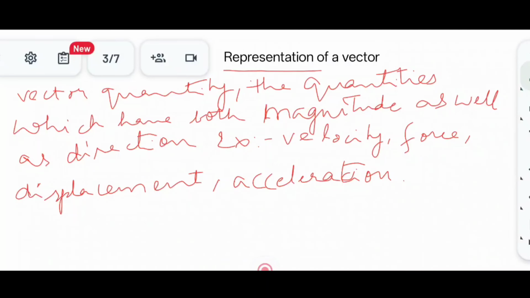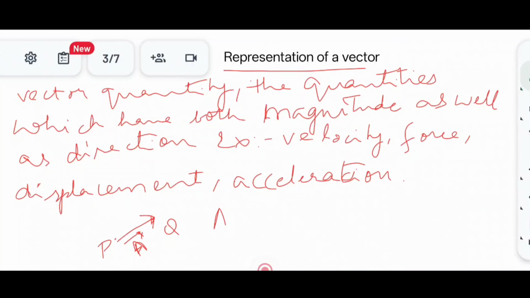Now let us see the representation of a vector. Suppose this is point P and this is point Q. The body is moving from P to Q. It is directed with an arrow mark. Its magnitude is A, and if we write an arrow line over it, that signifies it is a vector quantity.